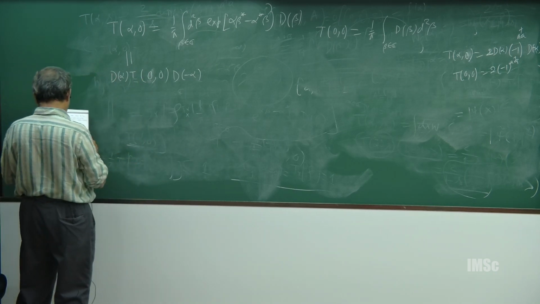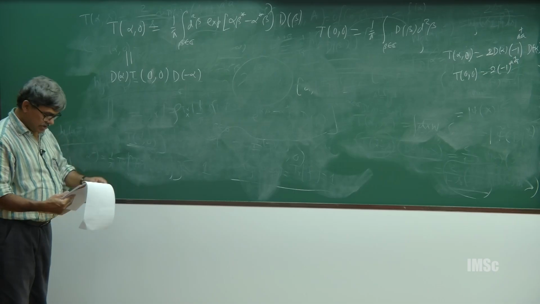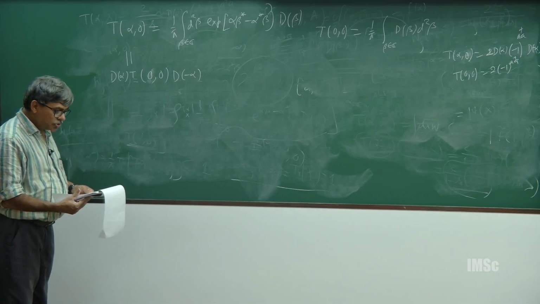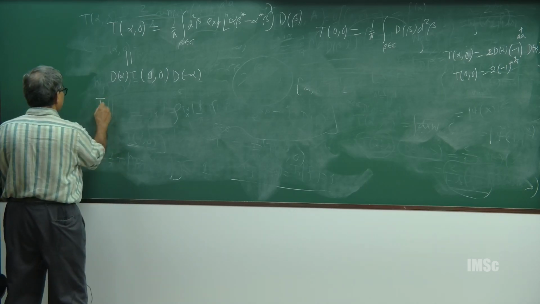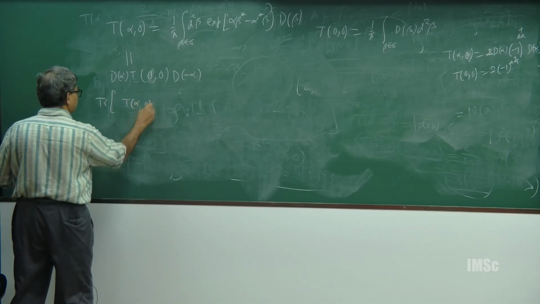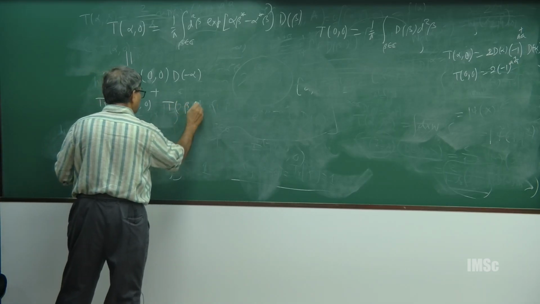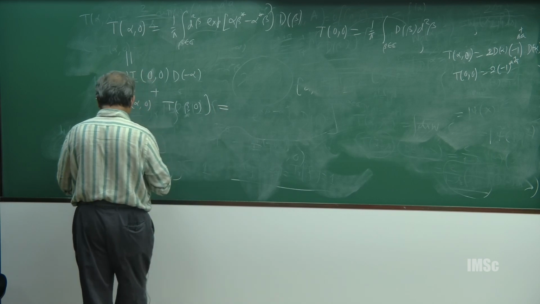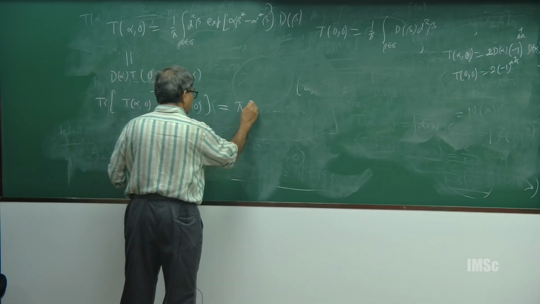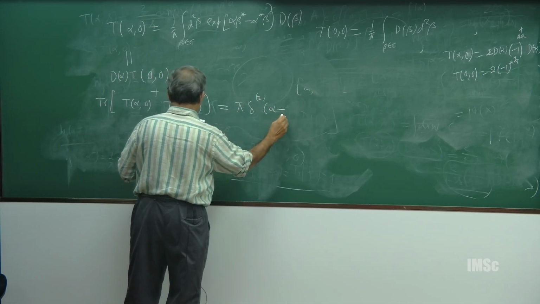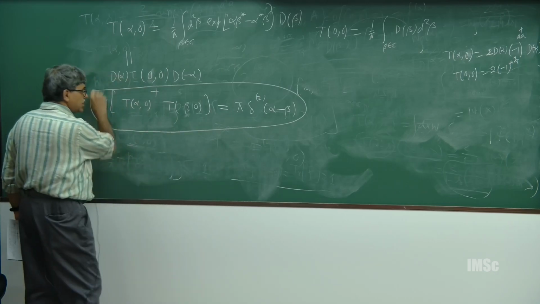My point is that these T of alpha zeros are Hermitian operators, and they are orthogonal in the sense that you can show that trace of T of alpha 0 dagger, which of course is equal to T of alpha 0 because this is Hermitian, times T of beta 0, is equal to, and this is where I am not going to prove anything, delta 2 of alpha minus beta. So this is for you to prove. I hope you can prove it.